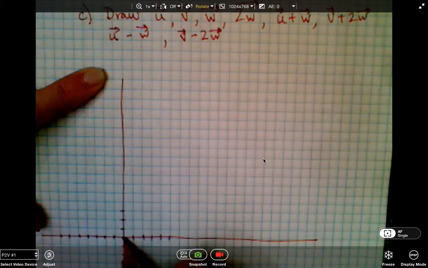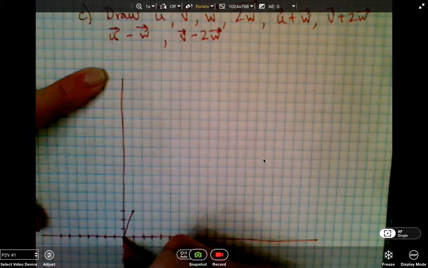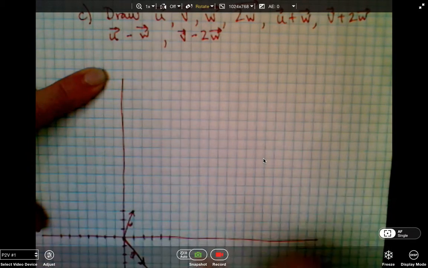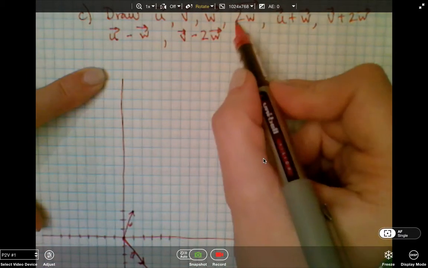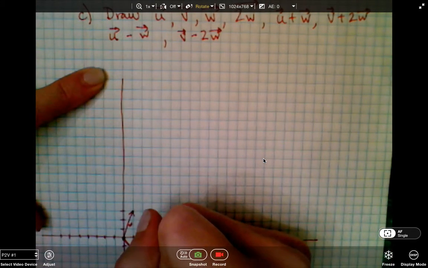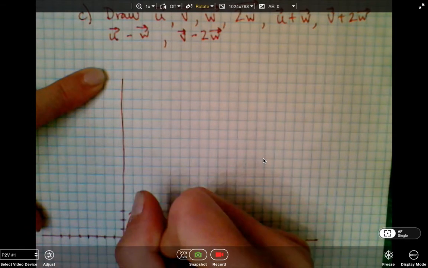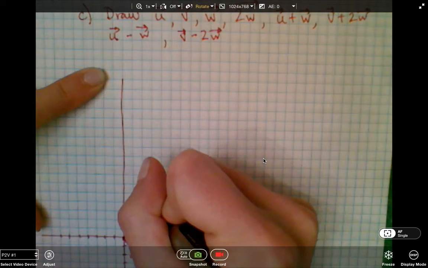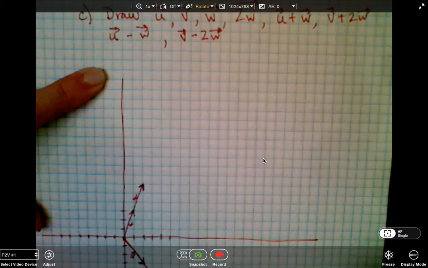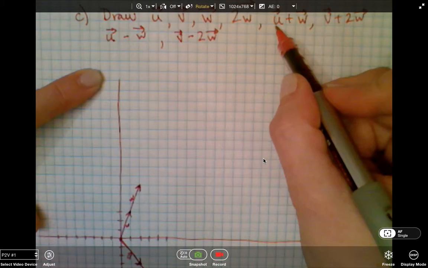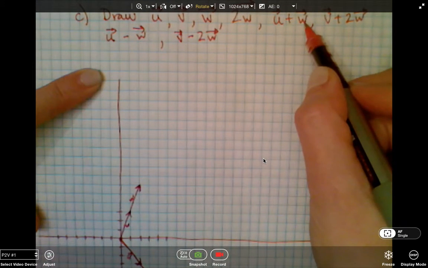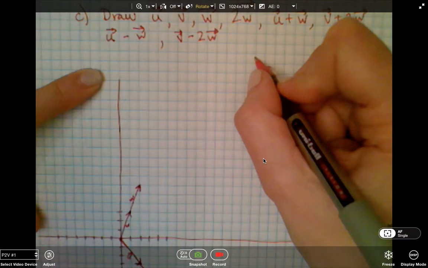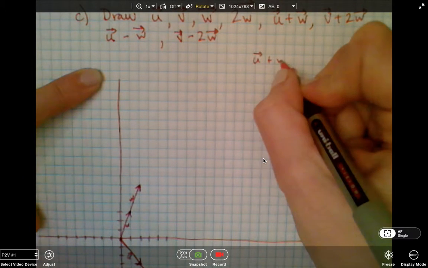W is 1, 3. 2w would be up here. So it's w and another w. U plus w. Well, let's do u plus w algebraically first.